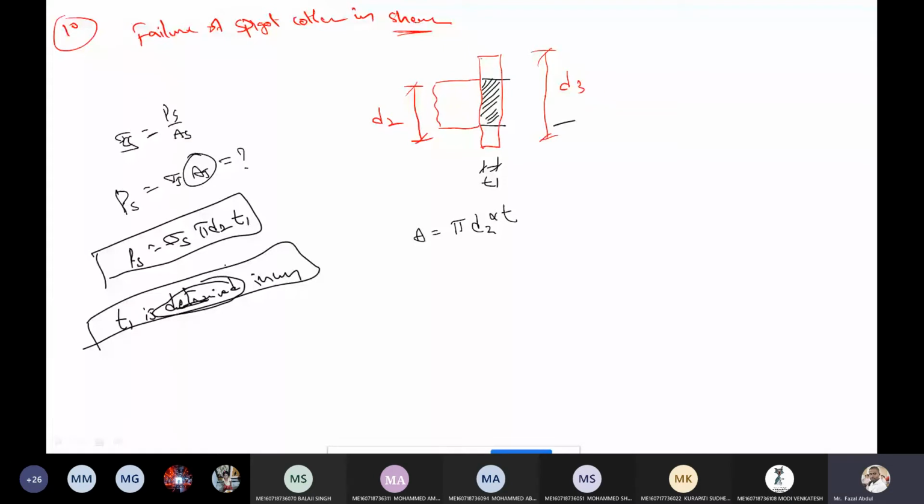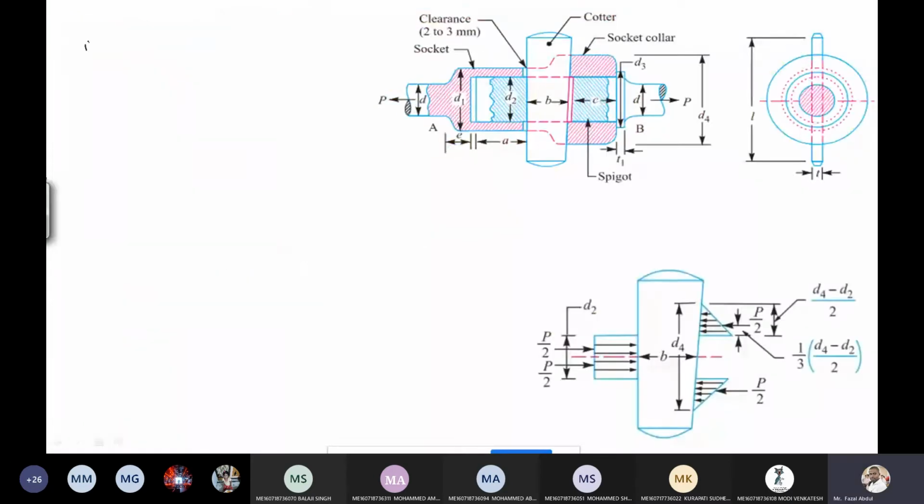Now the 11th one, failure of cotter in bending. So whatever cases we discussed till now are all based on our assumption.